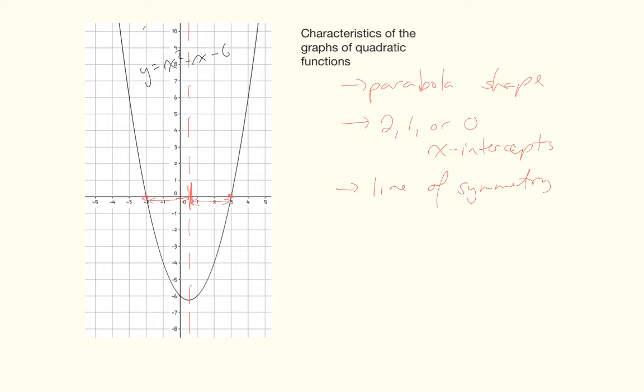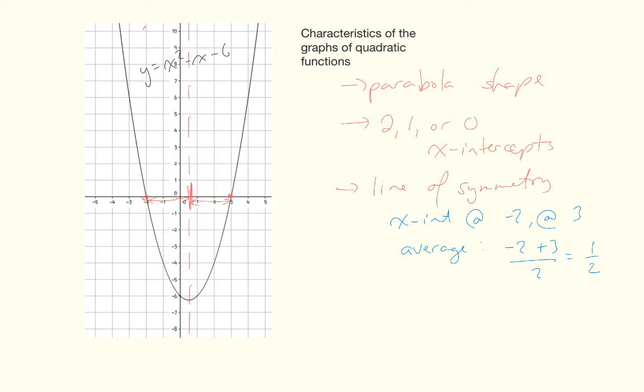Well, in this particular case, where would it be? Well, I know I have x-intercepts at -2 and at 3, right? And how do I find what's exactly halfway? I find the average, add them together, -2 plus 3, divide by 2, and I think I get 1/2.